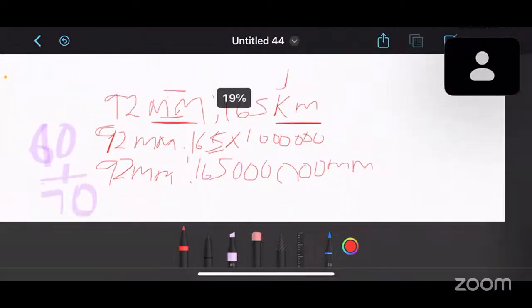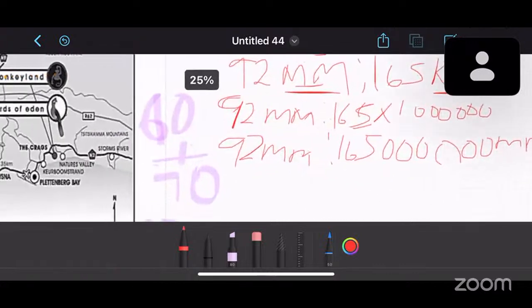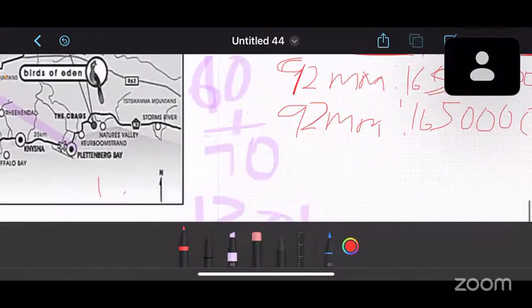But now our ratio has to be in 1:whatever, right? Remember, you mentioned that usually you would have 1:1 million or 1 is to whatever. That's basically what they want in this question.